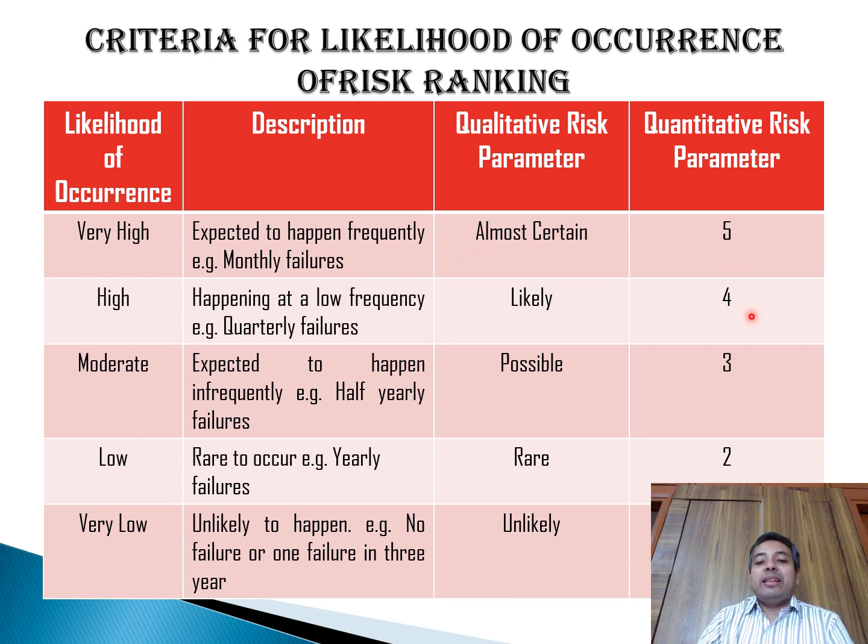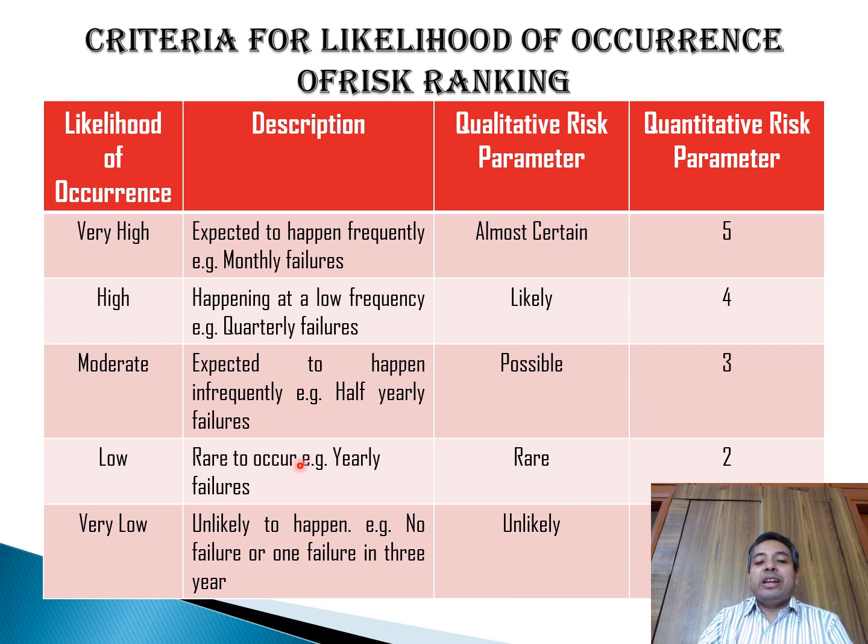After this, if the frequency of failure is happening at a low frequency, for example on quarterly basis, then the score can be given as 4 for such type of failure which occur on a quarterly basis or at a low frequency. If the failure is expected to happen infrequently, for example once in 6 months, then the score can be given as 3.